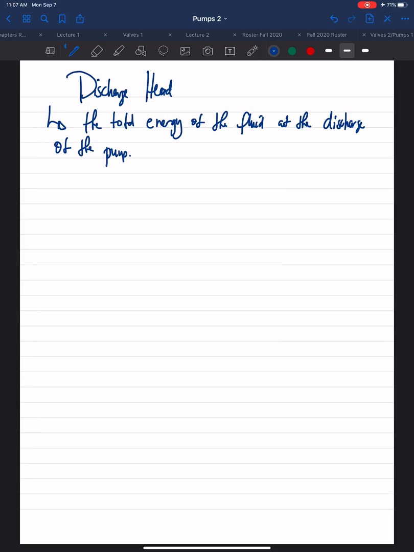So we have static discharge head, symbolized by uppercase L, uppercase L sub D, lower subscript capital D.